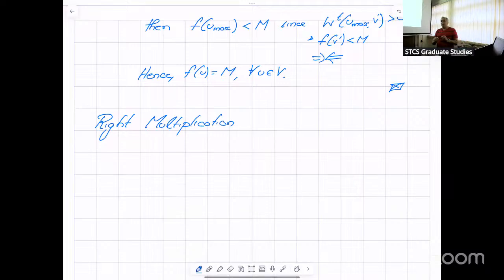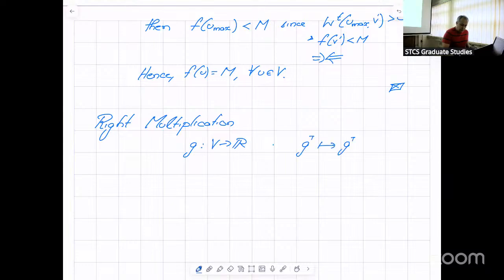Technically, right multiplication is: you can take any G going from V to R, and look at the map taking G transpose to G transpose W. Equivalently, G being taken to W transpose G. I'm viewing all functions as column vectors. And this is true for any real valued vector.